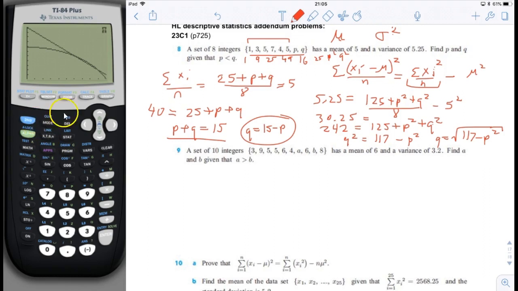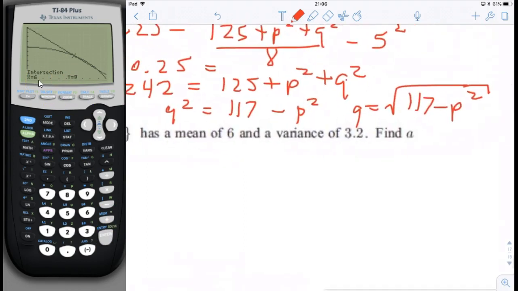So let's do a second calc intersect. The first curve is the line. Second curve is the circle. Our guess is, let's do this guess first. The intersection is 6, 9. Well, all that work with the calculator, and it's a whole number.